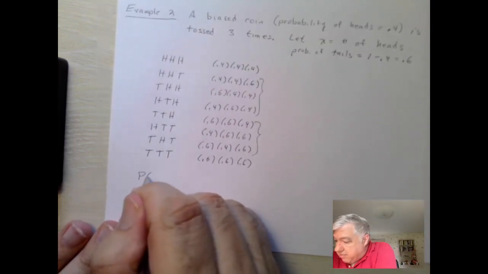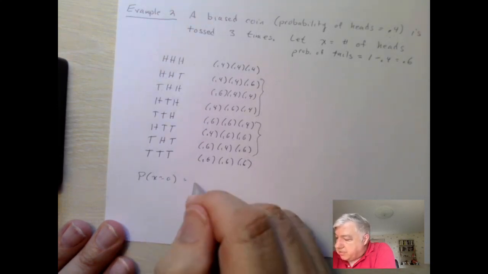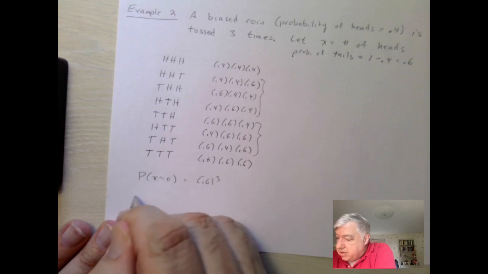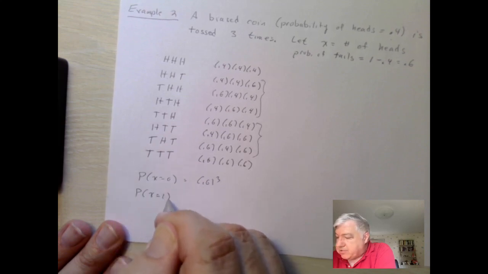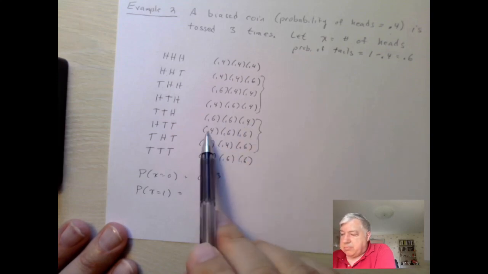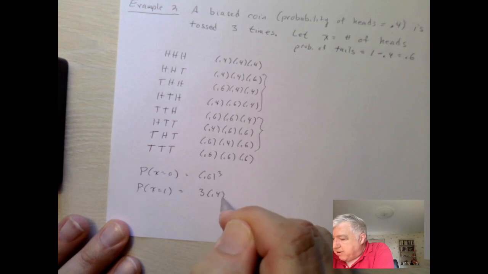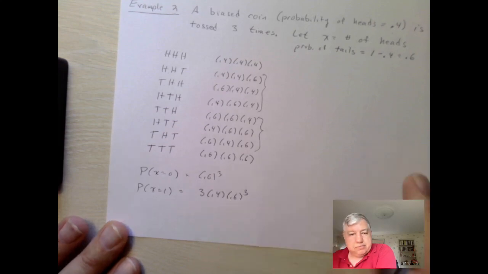of that we would have 0 heads would be this. It would just be 0.6 cubed. Probability that x equals 1 head, that would be this number plus this number plus this number, or 3 times 0.4 times 0.6 cubed.